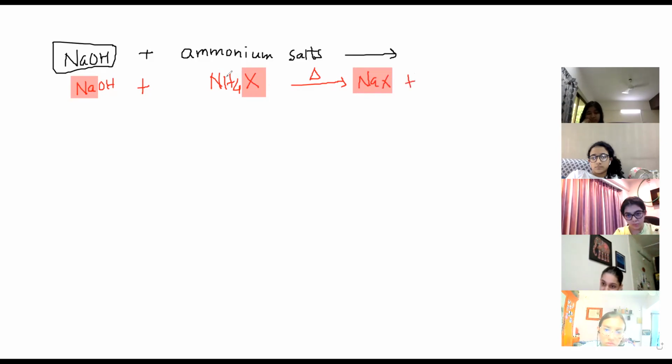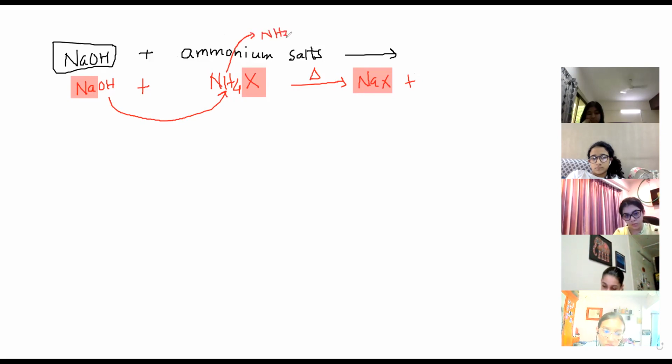Plus, now what is left here is the hydroxide and the ammonium. So what will happen here is the hydroxide will displace ammonia from ammonium. So ammonia will be removed.